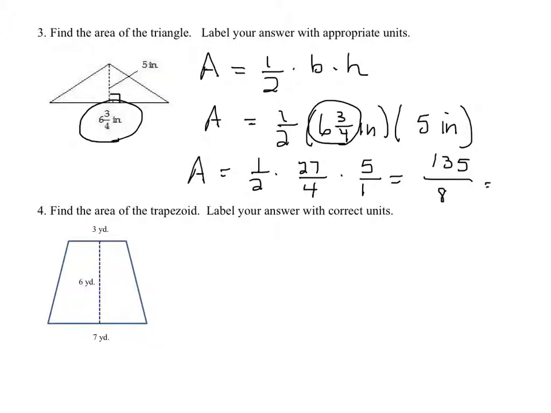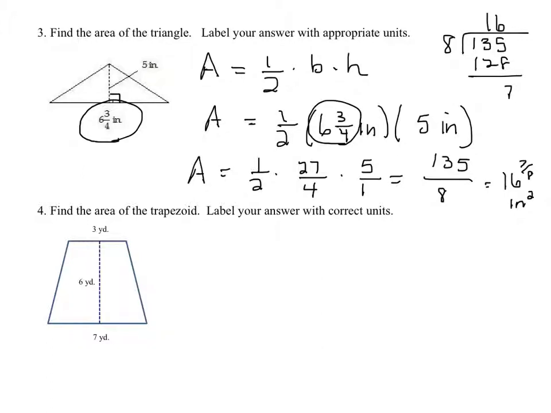And 8 goes into 135 16 and 7/8. But what are my units on this? Inches squared. How did I get the 7/8? I just did the division, and we have 7 left over. 16 7/8.